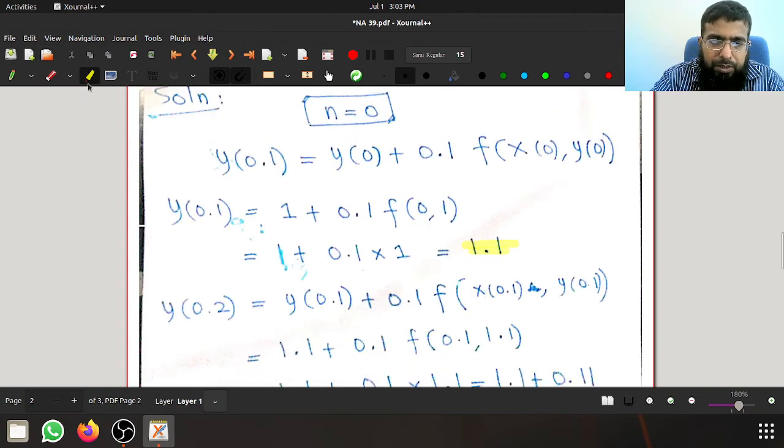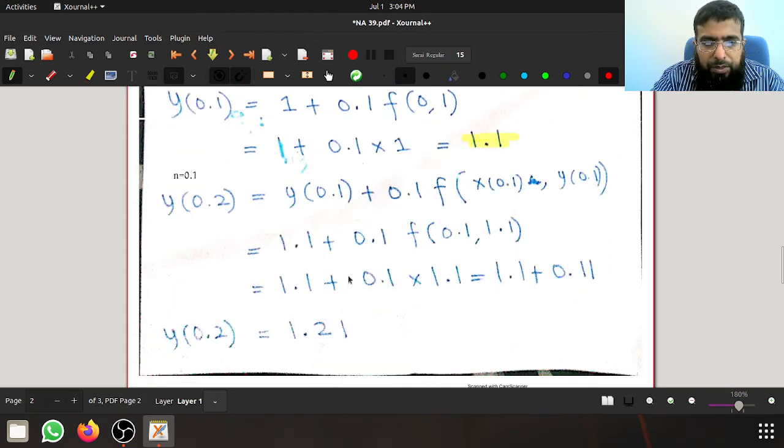Now we are ready to take the second jump, and this is for n is equal to 1, where x is 0.1 and y is 0.2. x of n plus h would be 0.2 because h is also 0.1, so 0.1 plus 0.1 is 0.2. So y of 0.2 is equal to y of 0.1 plus h times f of x of 0.1, y of 0.1. We plug all these values and we reach a value y of 0.2 is 1.21.